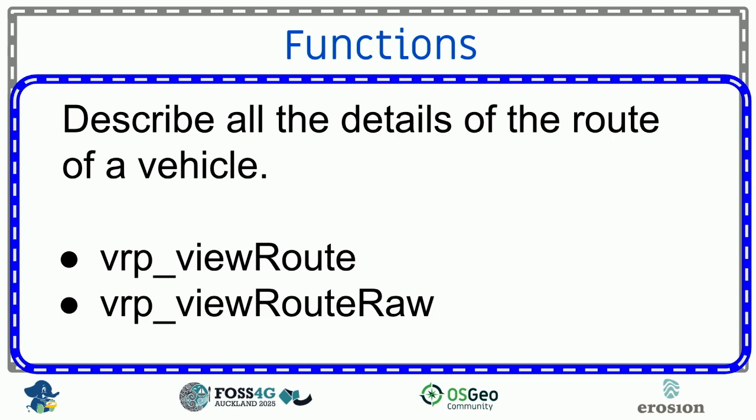And there are functions to describe the details of a route of a vehicle. So view route. It's been a while since I've done a lot of these ones. So the output is given by the number of orders.